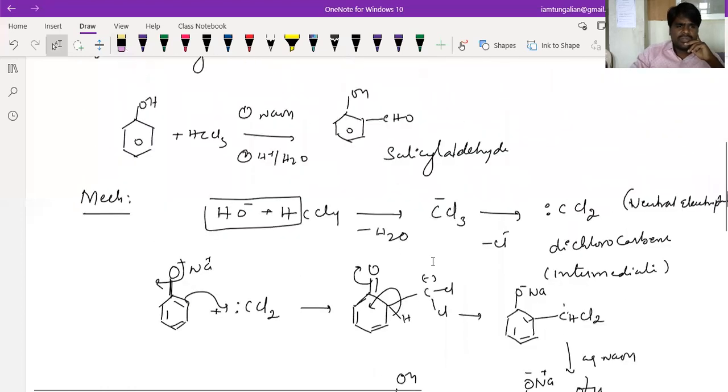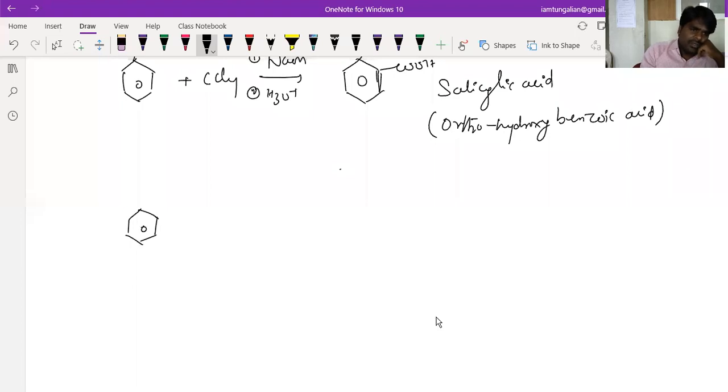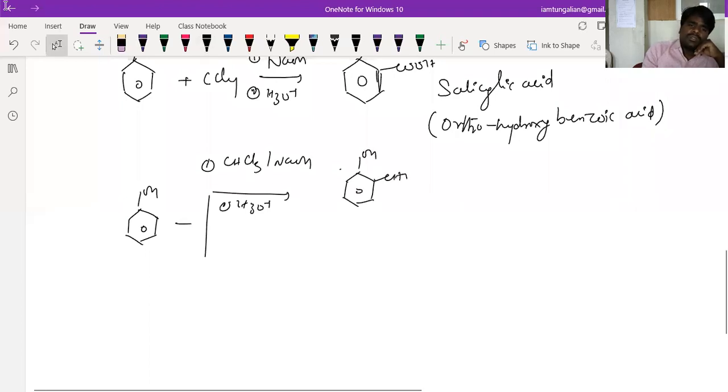These two reactions are called together the Reimer-Tiemann reaction. In a simple way, the direct way of writing the equation is: phenol on reaction with chloroform in presence of basic medium, followed by hydrolysis, forms salicylaldehyde.